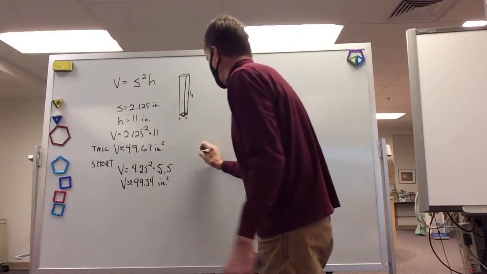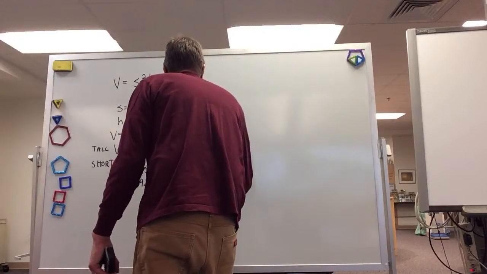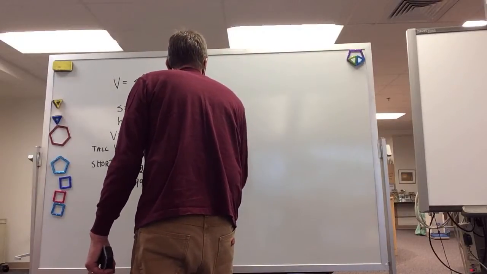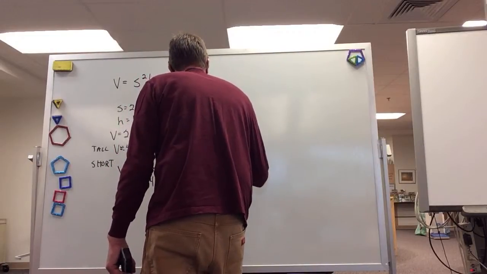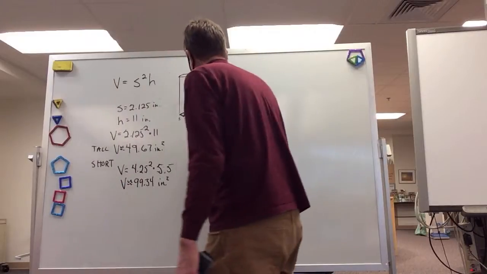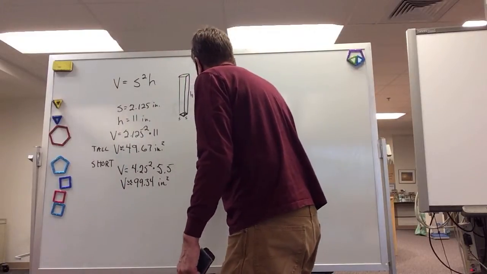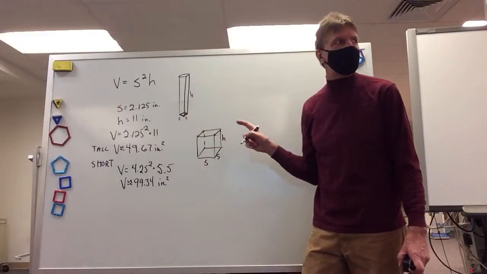And then our short, squatty box is like this, more so. Okay, so here's the short, squatty box, which again has an S and an S and an H. But these S values are different, aren't they?